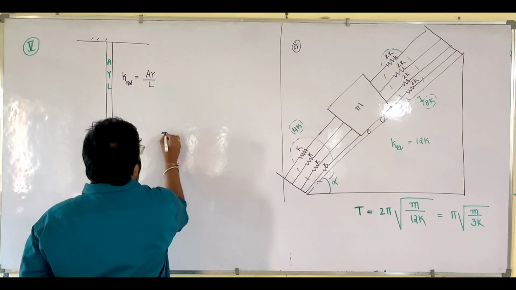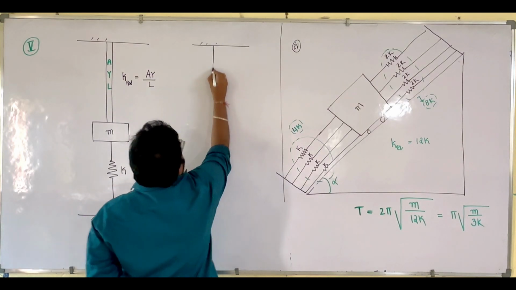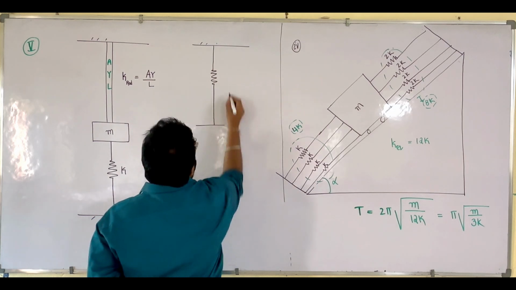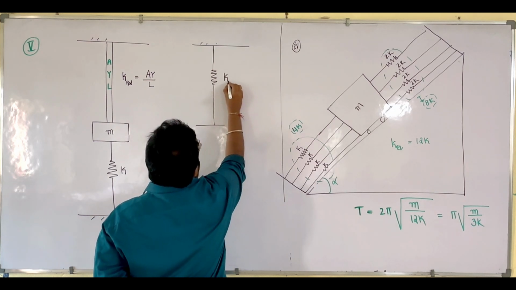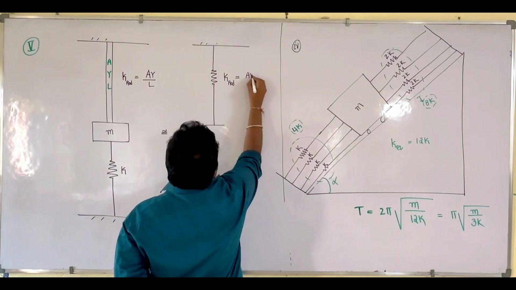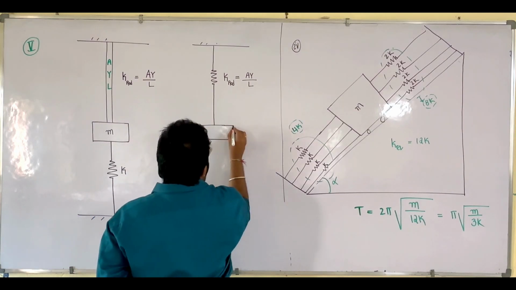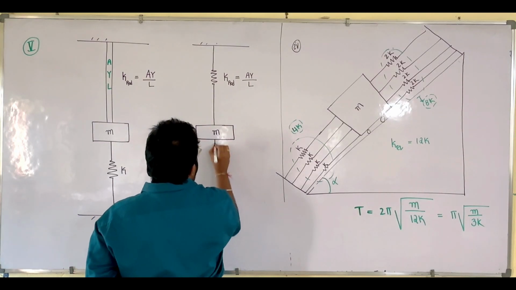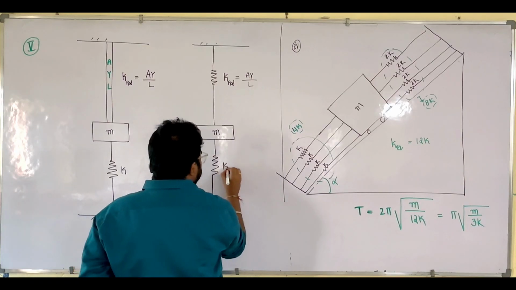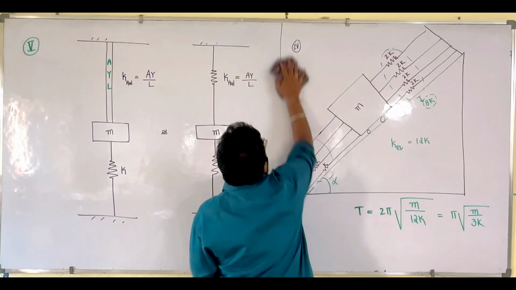So we need to convert the rod into a spring. K rod is A Y by L. This is M, this is K. Understood? What is the K equivalent here?